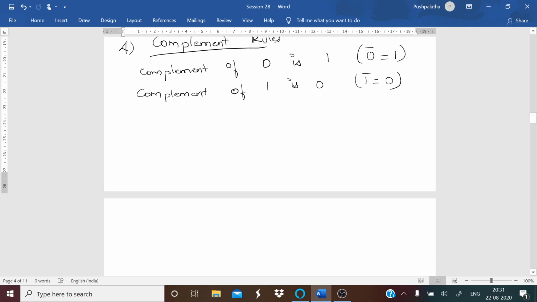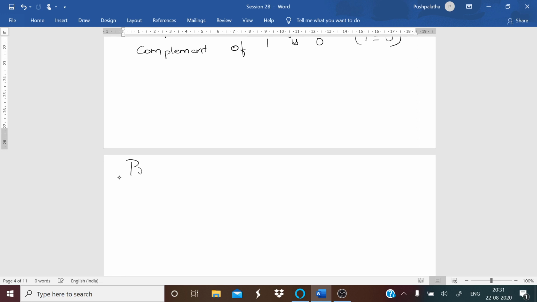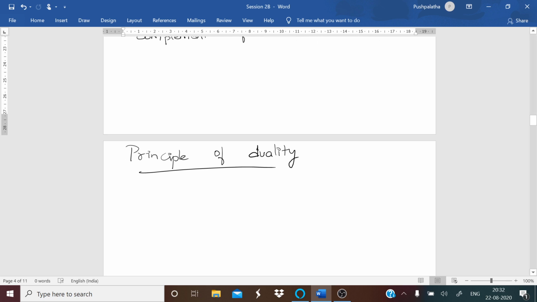And the next topic is the principle of duality. Duality means double, the opposite natures. Okay, so the dual forms are used to get one form from the other form. We say that in the principle of duality, we can start with one relation and we can get another relation.